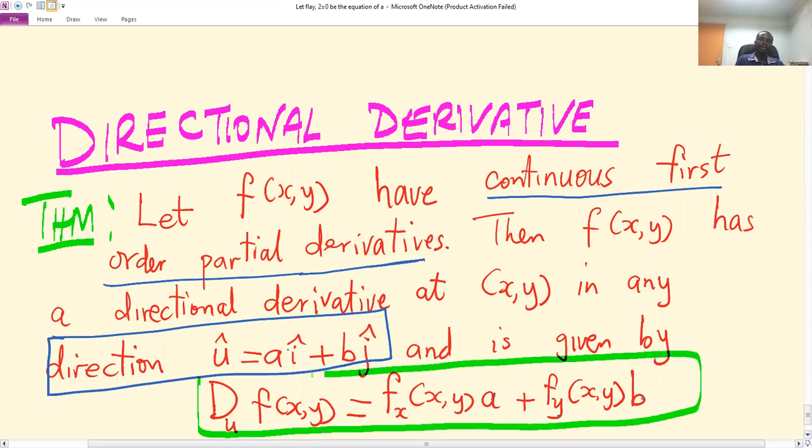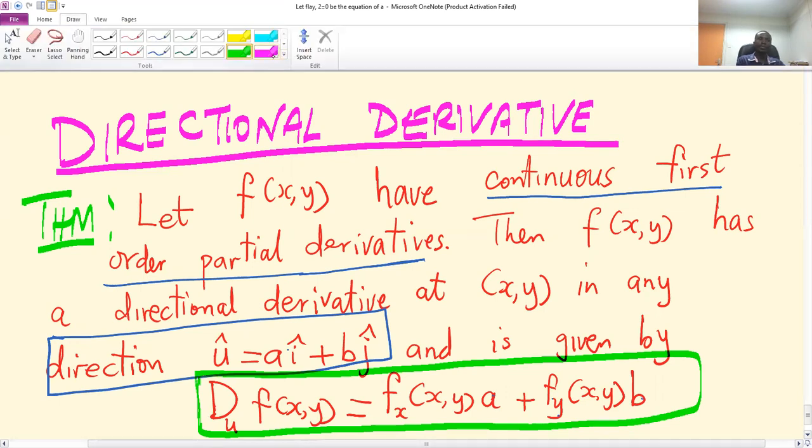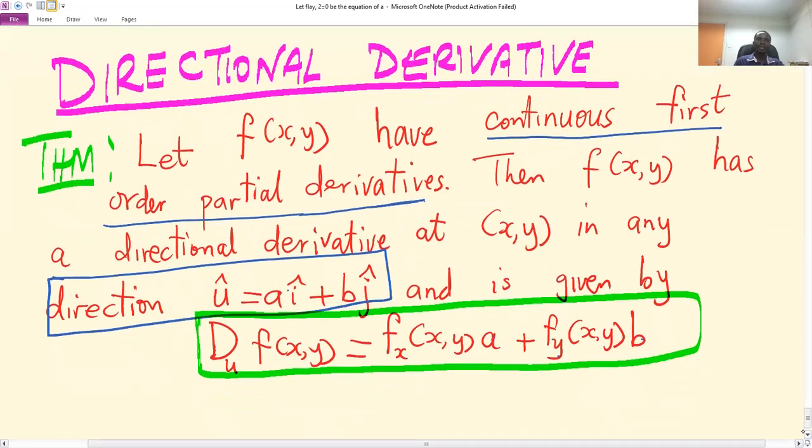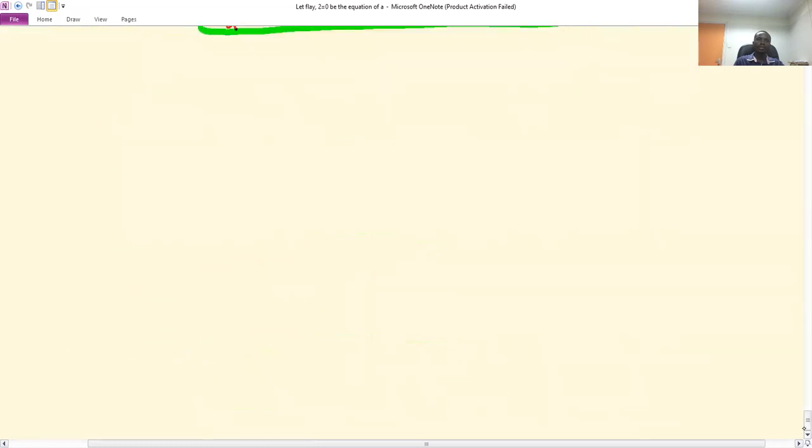And how do we find the directional derivative? Let's do a problem on how to determine the directional derivative of a function with respect to a given vector.